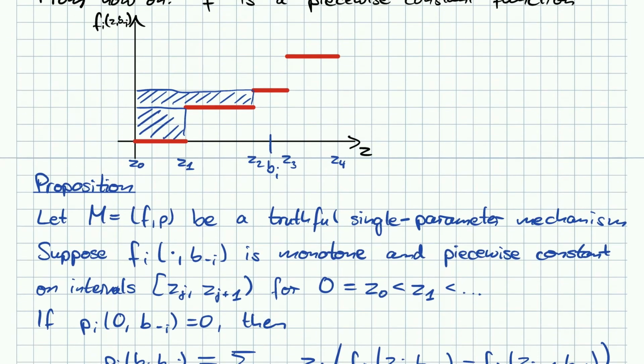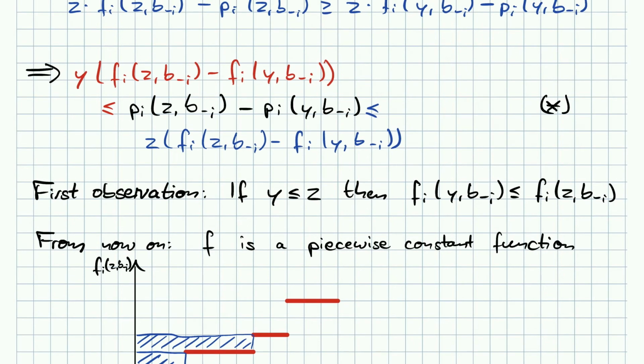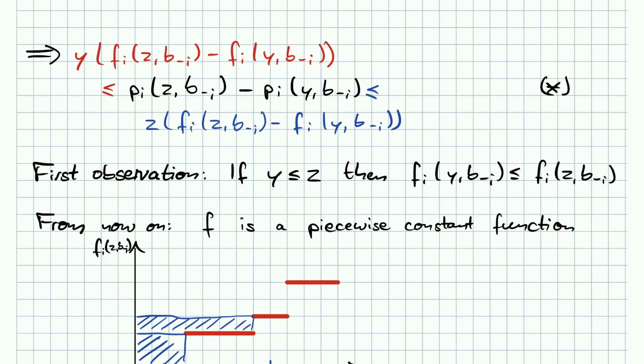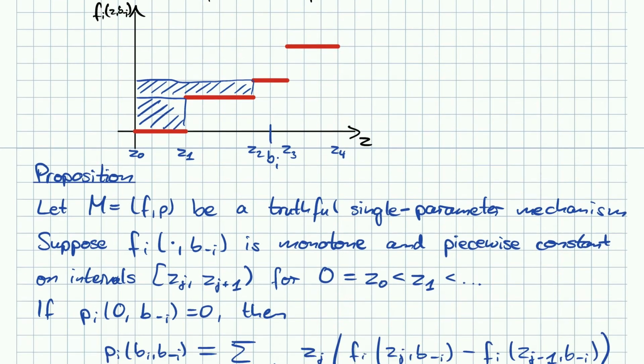We know that the payment differences sandwich has to hold. And here we could now set y to bi and z to zj. And what are we getting from this?